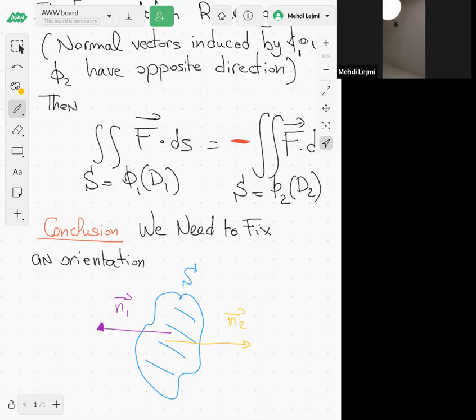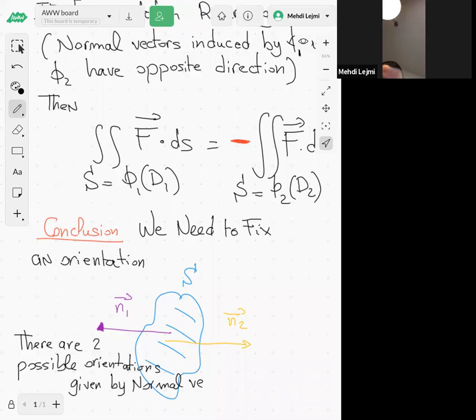So there are two possible orientations, again given by the normal vector. We need to fix an orientation when we evaluate a vector surface integral.